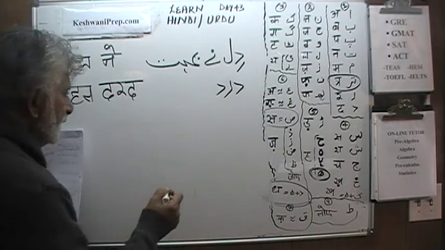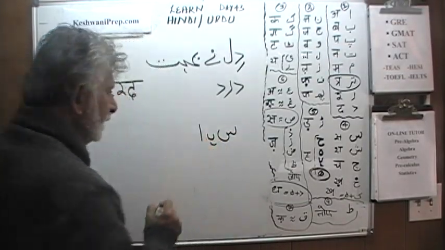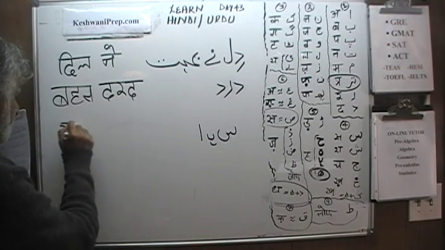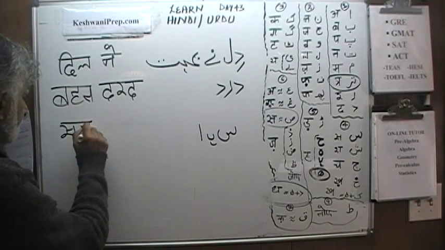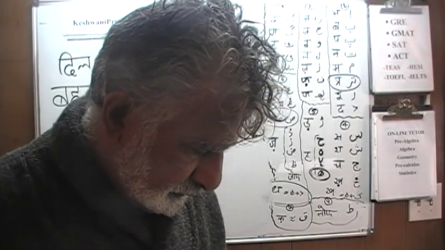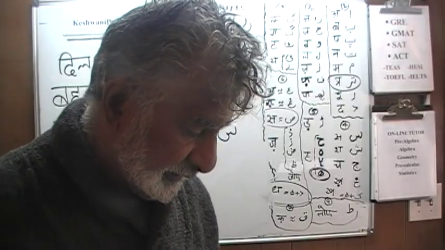The next word is something we have to learn. It's a vocabulary word. The word is sa, ha, and alif. Saha. Sorry, the word is not saha, it's sahena.